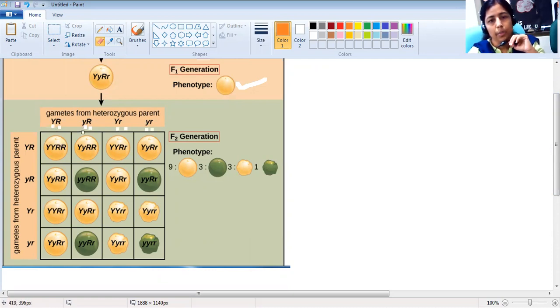This formation gives a phenotypic ratio of 9:3:3:1. Here is the yellow round one, this is the yellow wrinkled one, this is the green wrinkled one, and this is the green round one.